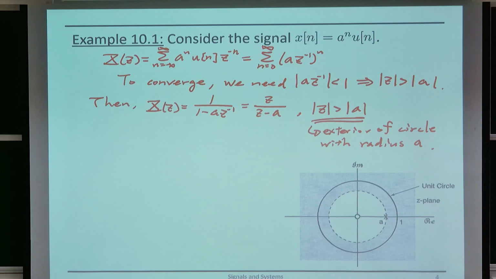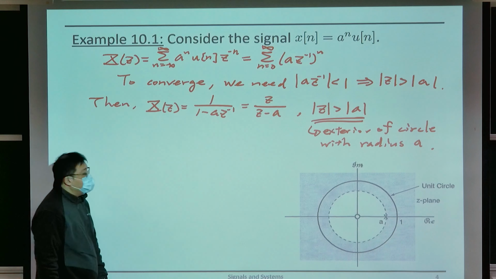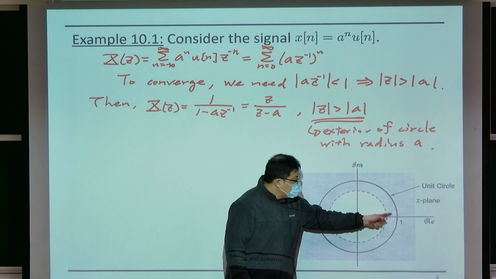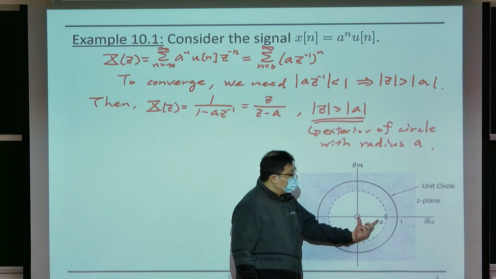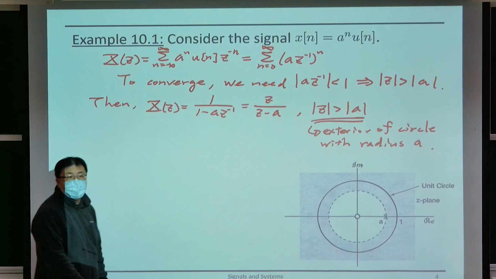In the continuous time case, when we looked at the single-sided decaying exponential, our region of convergence is to the right of some value on the real axis. But for the discrete time case, the region of convergence is the exterior of some circle with radius a.